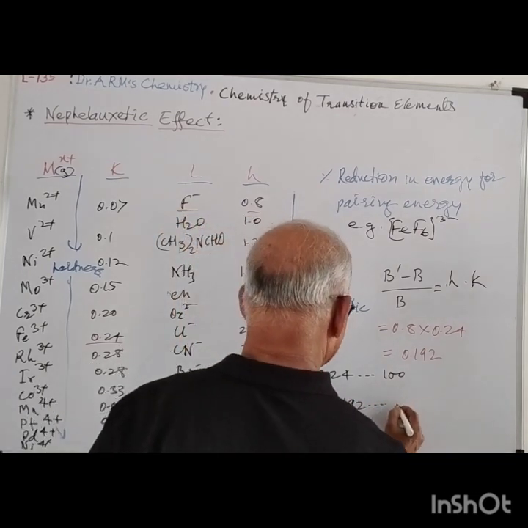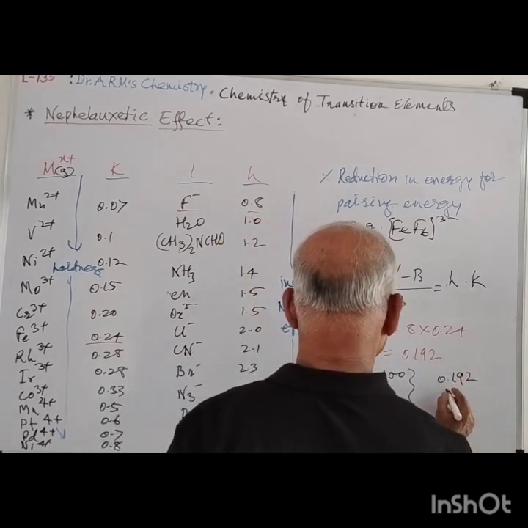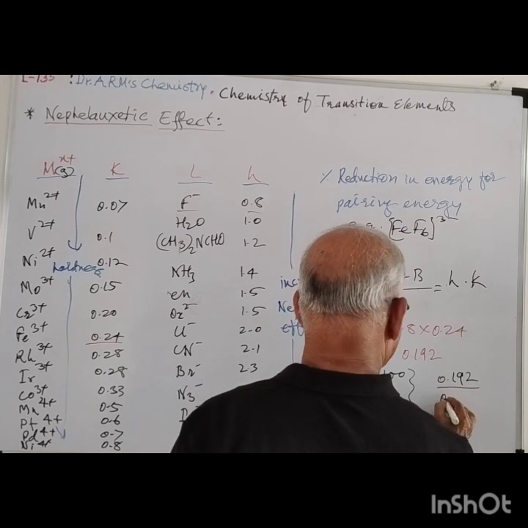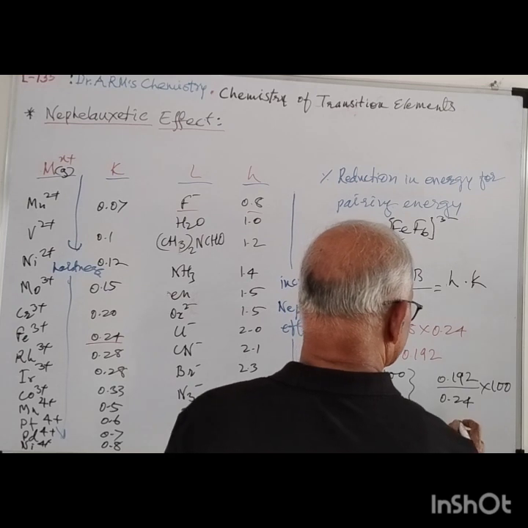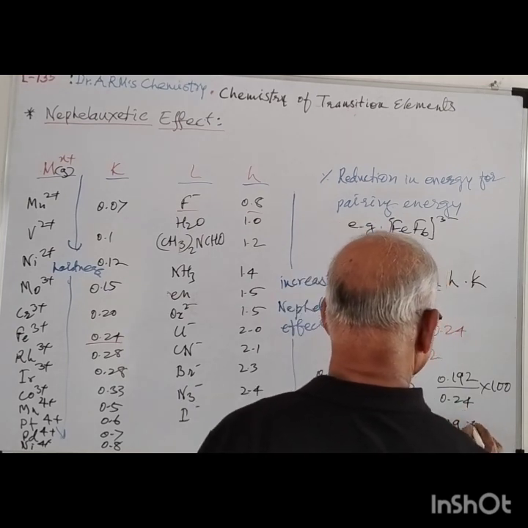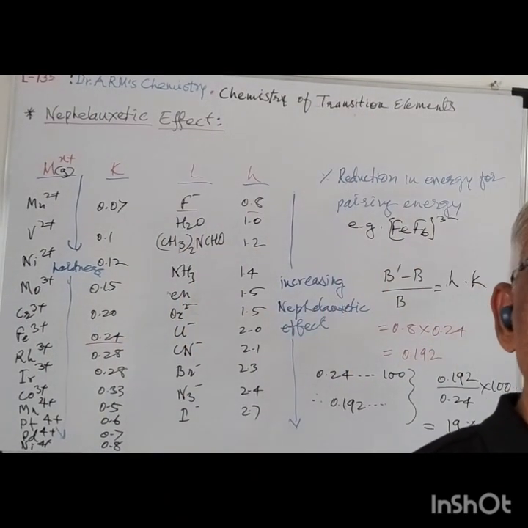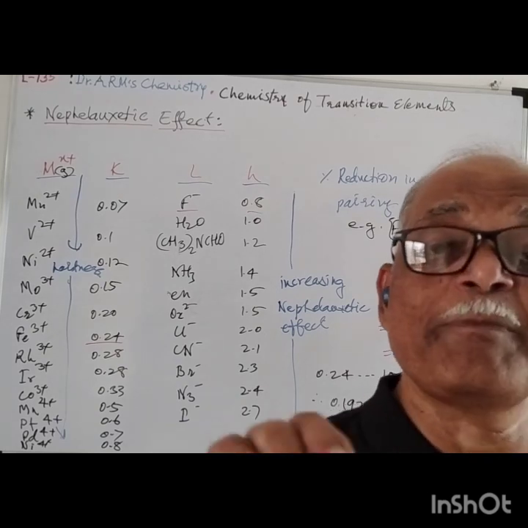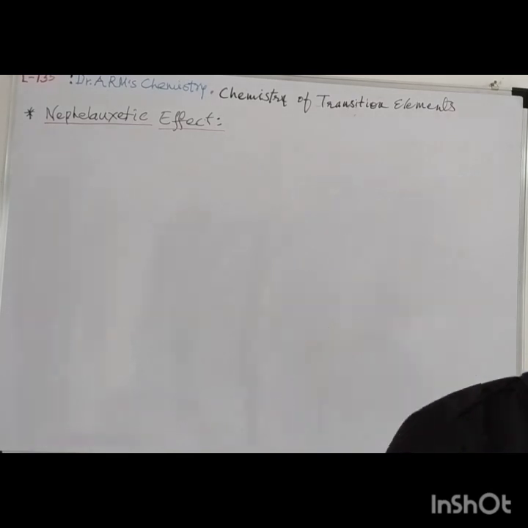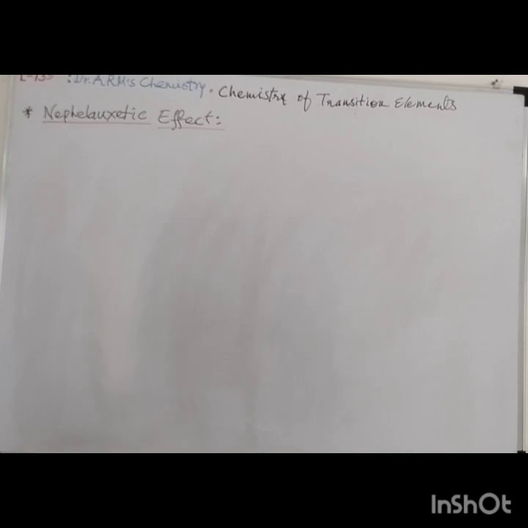We can calculate: 0.192 upon 0.24 into 100. This will give us about 19%. So there is 19% reduction in energy required for pairing, and this depends upon the nature of metal and nature of ligand. Now we will see how to calculate this reduction in energy by using spectral data.